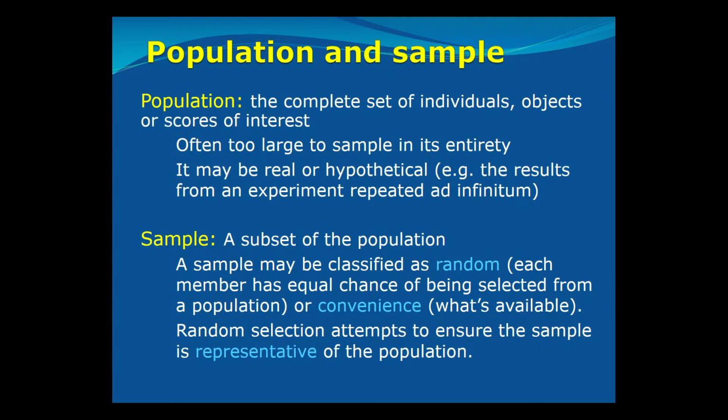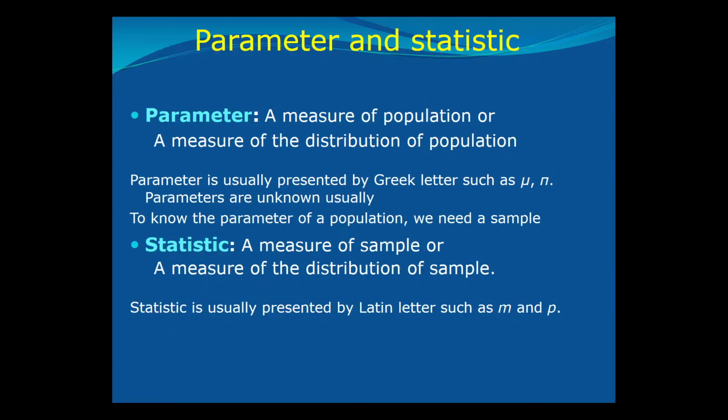The results from an experiment repeated ad infinitum. Sample is a subset of the population. A sample may be classified as random, which means that each member has an equal chance of being selected from a population, or convenience, what's available. Random selection attempts to ensure the sample is representative of the population.